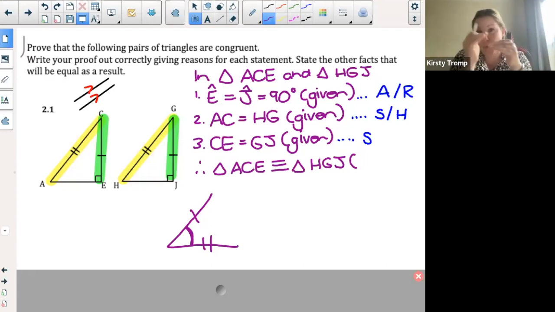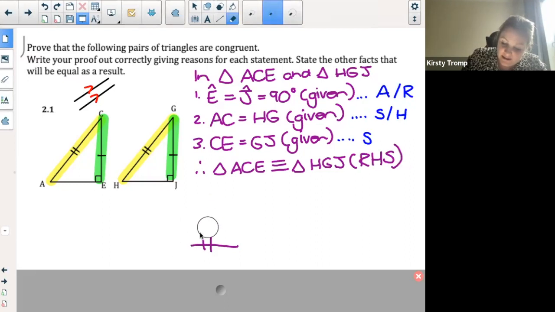It's falling in between those sides. So in this case, is this angle being hugged by those two equal sides? No, it's not. So just like you've said there, what am I using instead? I'm using RHS, the fourth reason. So RHS, right angle, hypotenuse, and side.